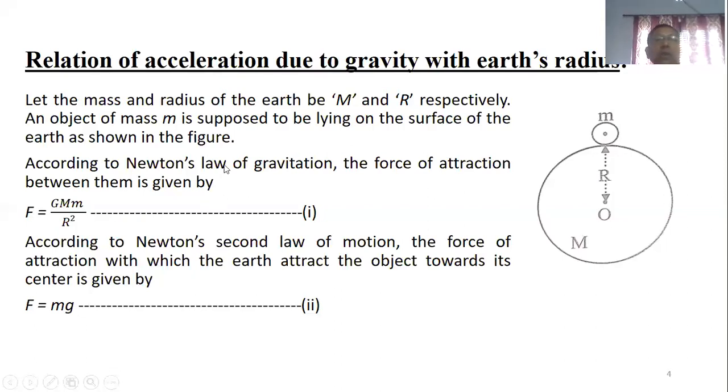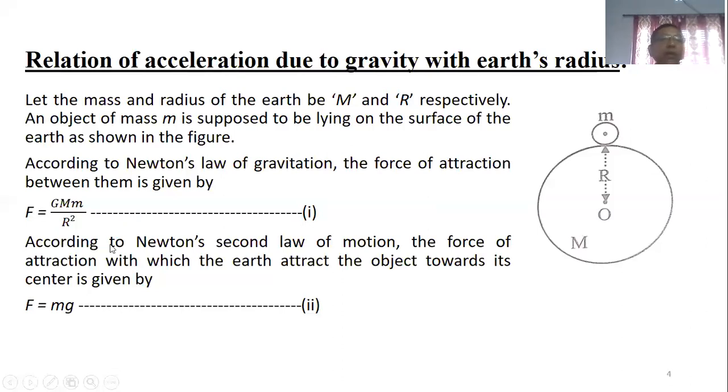According to Newton's law of gravitation, the force of attraction between them is given by F equal to capital G, capital M, small m by R square, where capital G represents the universal gravitational constant, capital M represents the mass of the Earth, small m represents the mass of an object lying on the surface of the Earth, and R represents the radius of the Earth. It is taken as equation 1.